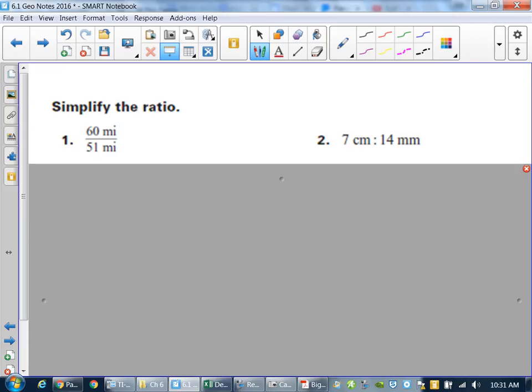For example, 60 fraction bar. And then you simplify it out, and what does it do? It gives you the simplified fraction.